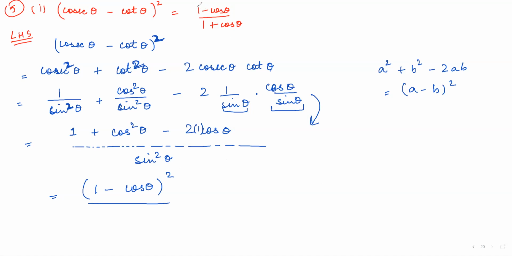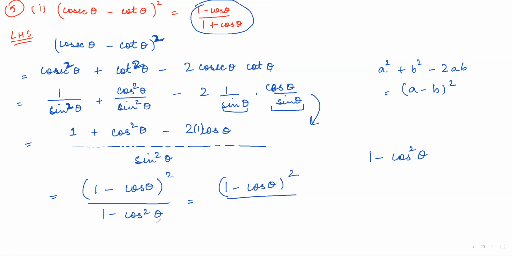Now see here you have the denominator also in terms of cos theta. So basically I have to convert my sine square theta also in terms of cos square theta. So sine square theta is simply 1 minus cos square theta from the identity. So I can write it here 1 minus cos theta whole square divided by.